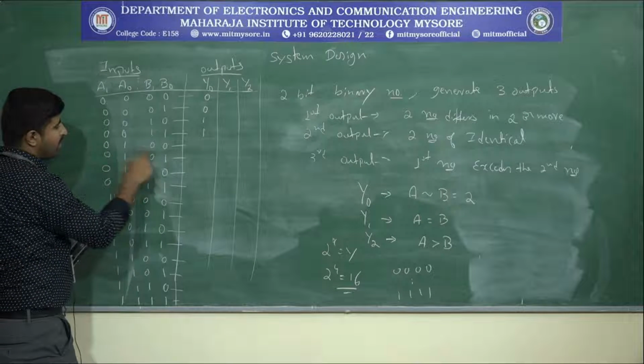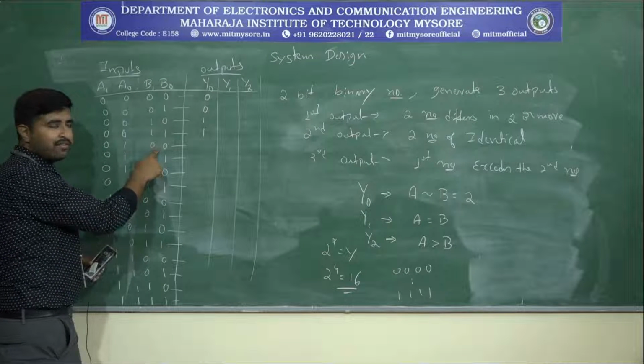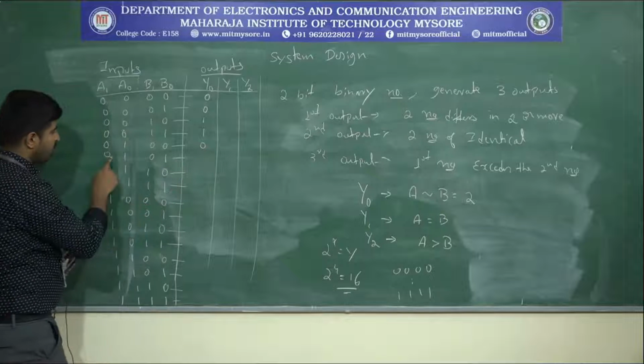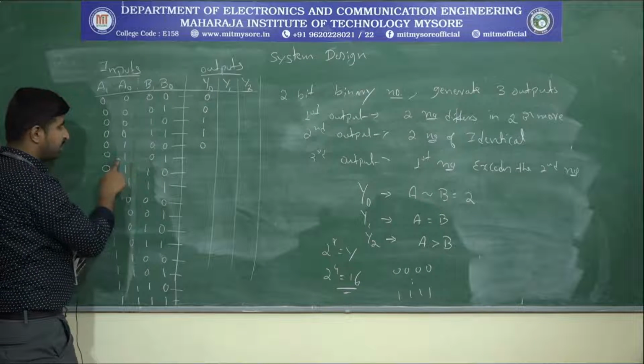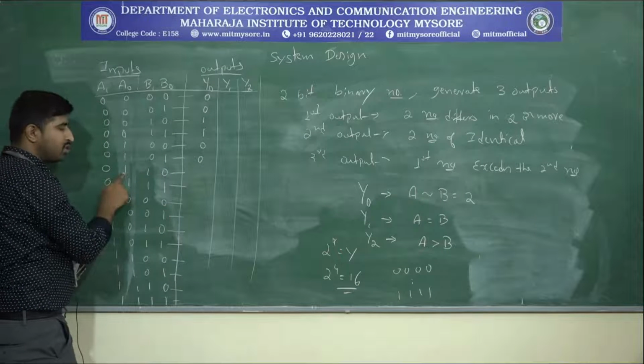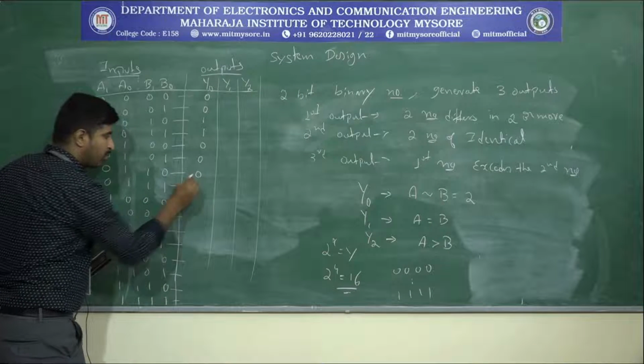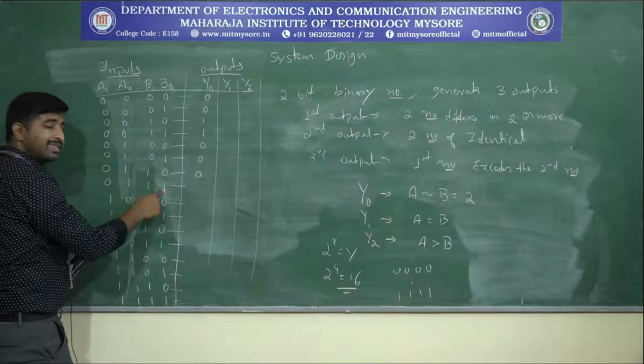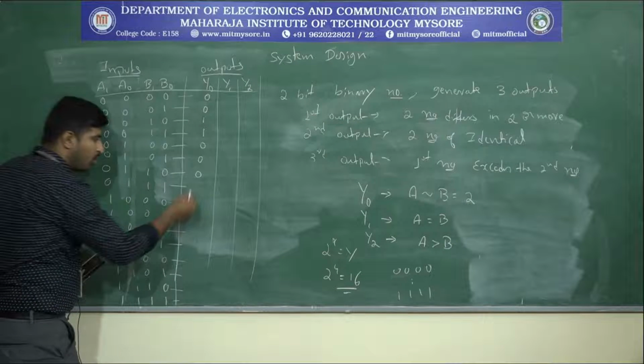Next 1, 0: the difference is 1, so 0. 1, 1: the difference is 0, so 0. 1, 2: the difference is 1, again the output will be 0. 1, 3: the difference is 2, the output will be 1.